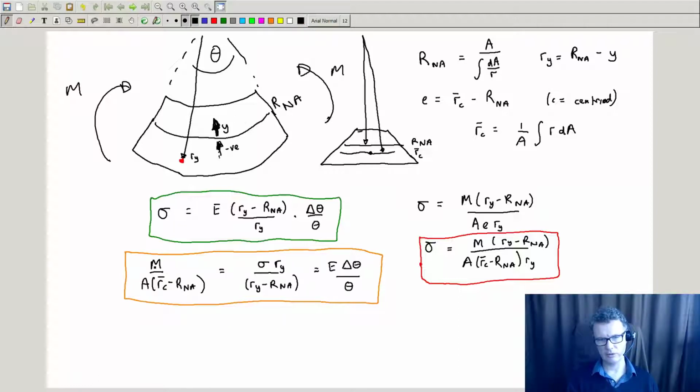So we've got a constant term here, like in the engineer's bending equation. Here we've got the stress. Obviously, here you've got a force times distance, and you're dividing that by an area and a distance. So you've got stress dimensions there.